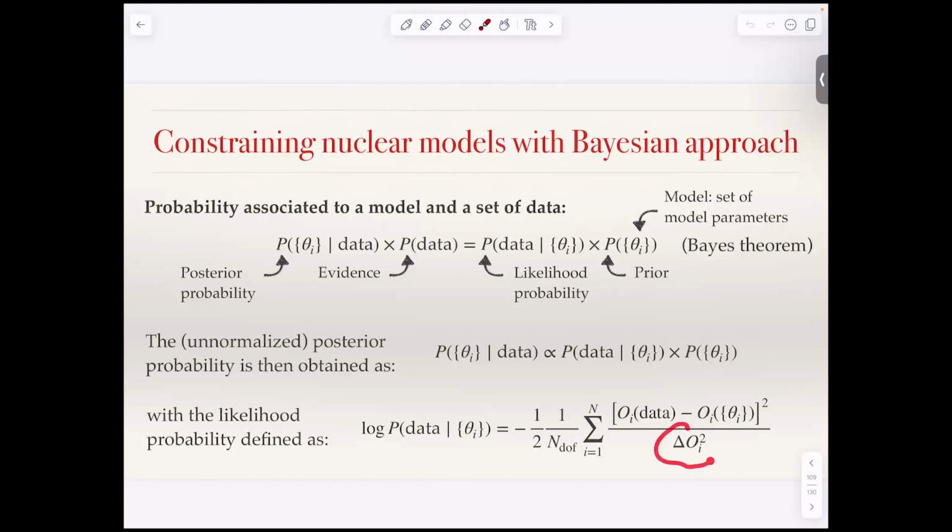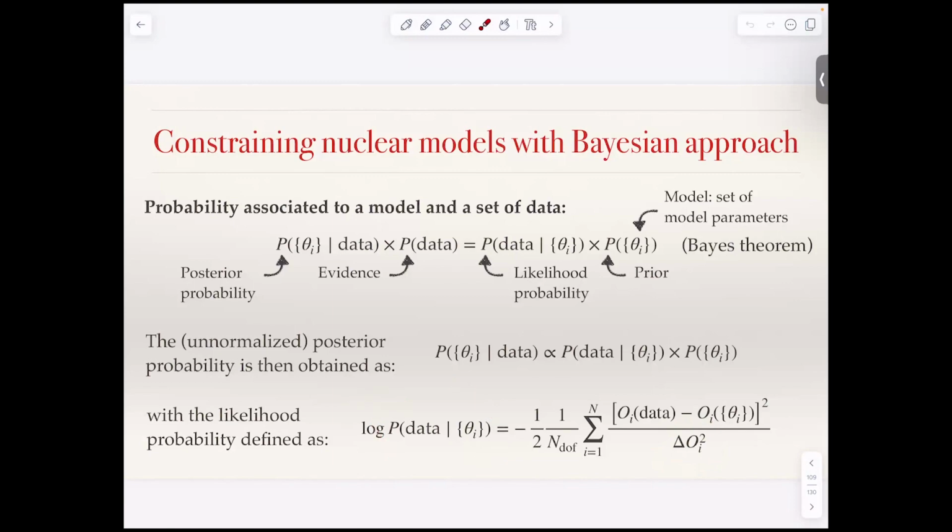And as I said before, not only do you need to know the distance, but you also need to know the uncertainty in this comparison, in order to know if it is comparable or if it is different. And that gives you your likelihood probability.